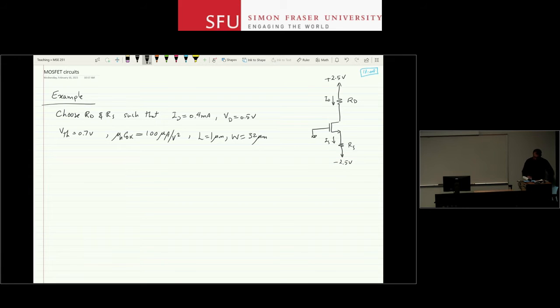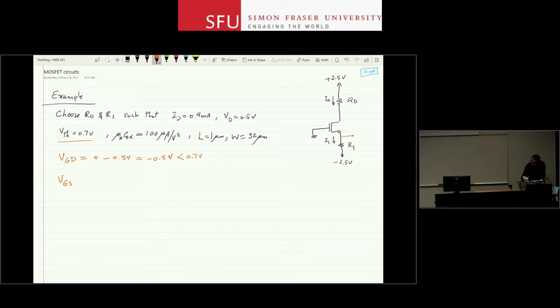So first thing we do is figure out what the operating region is, right? So we look at VGD and VGS. VGD, because the drain voltage is given, I can quickly calculate it. So it's 0 volt at the gate, minus 0.5 volt at the drain. So this is minus half a volt, right? And considering that my threshold voltage is positive 0.7, this is less than 0.7 volts. And VGS, I know the gate voltage, I don't know the source voltage.